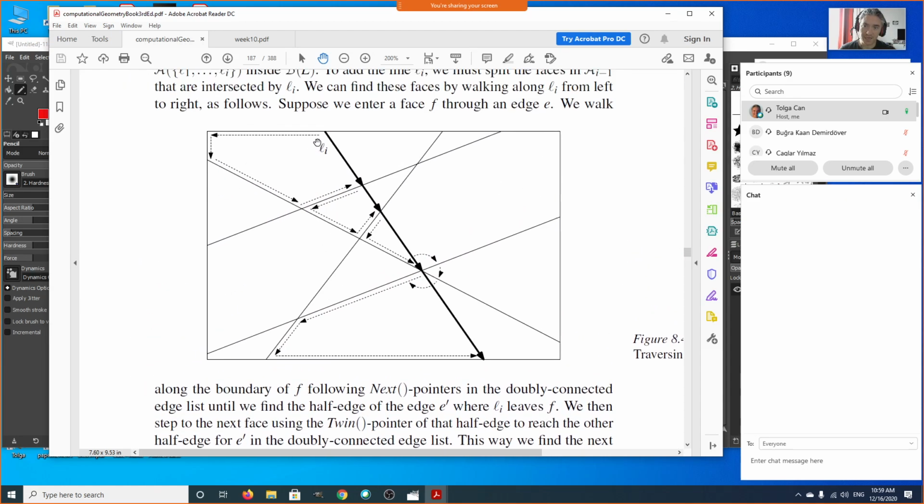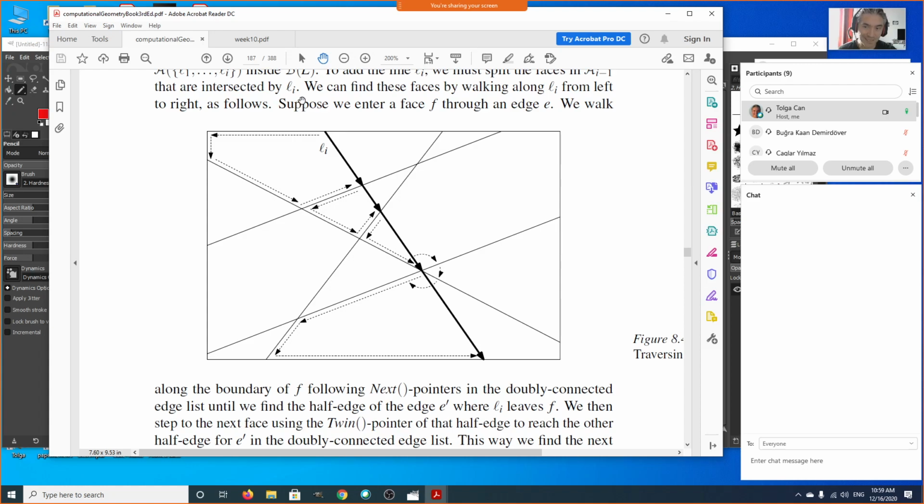For example, a line pierces through the doubly connected edge list, and the previous theorem told us that the complexity of the doubly connected edge list can be quadratic. So imagine you're in the middle of the algorithm where the doubly connected edge list is constructed for half of the lines, n over 2 lines are processed, and you have a doubly connected edge list which contains O(n squared) faces, vertices, and edges.